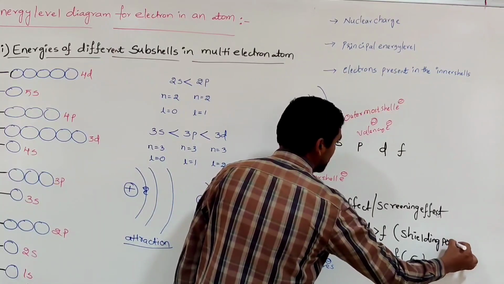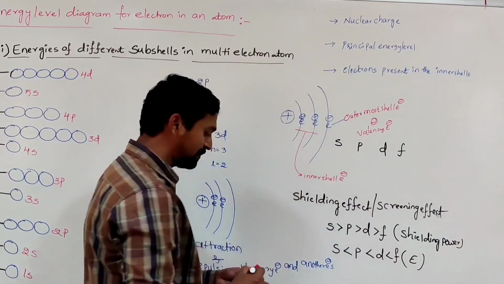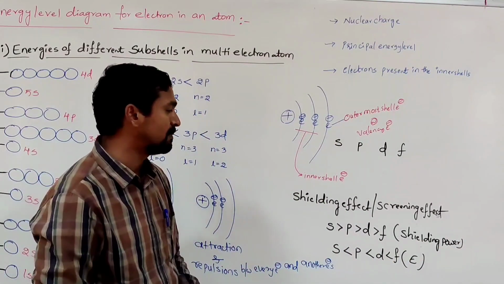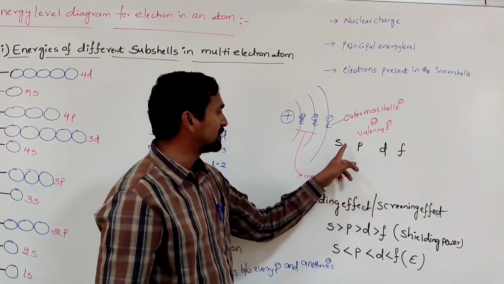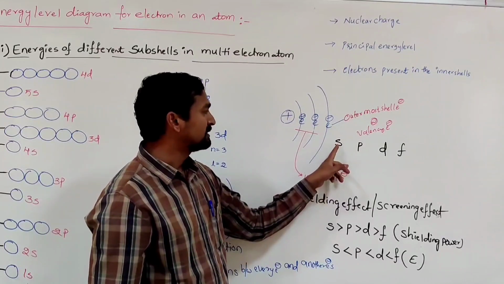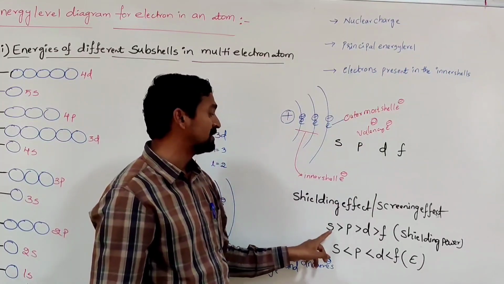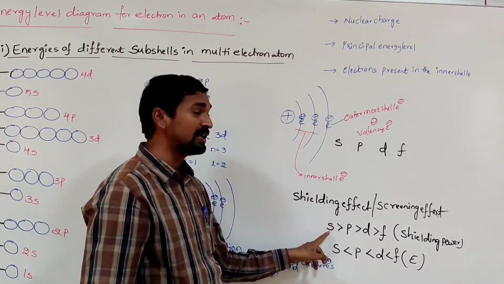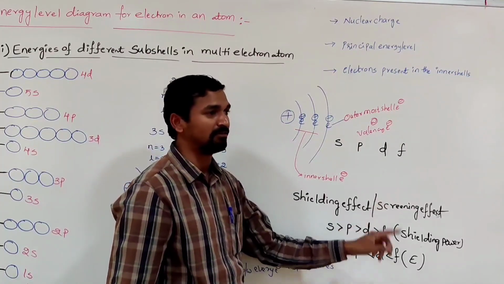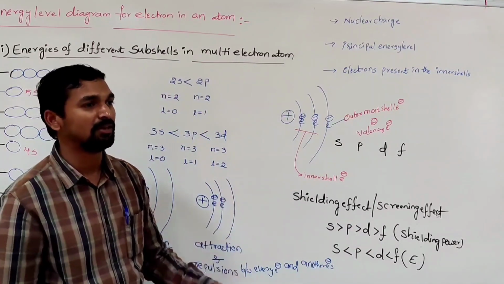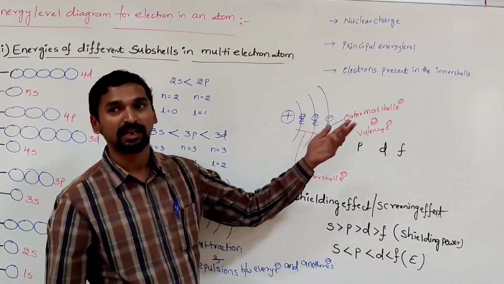Because of the spherically symmetrical nature, S orbital is preventing more nuclear charge as compared to the P than that of D than that of F. But the electrons present in the S subshell of the outermost shell will be screened less. In which case better? Yes. Than that of which one? P. Than that of D. Than that of F. That's why the S orbitals have lower energy and F orbitals have higher energy.